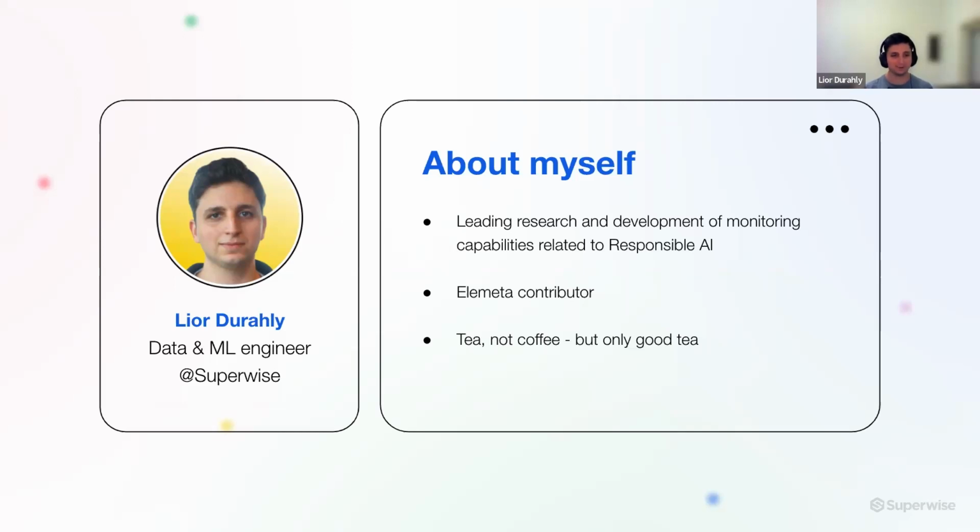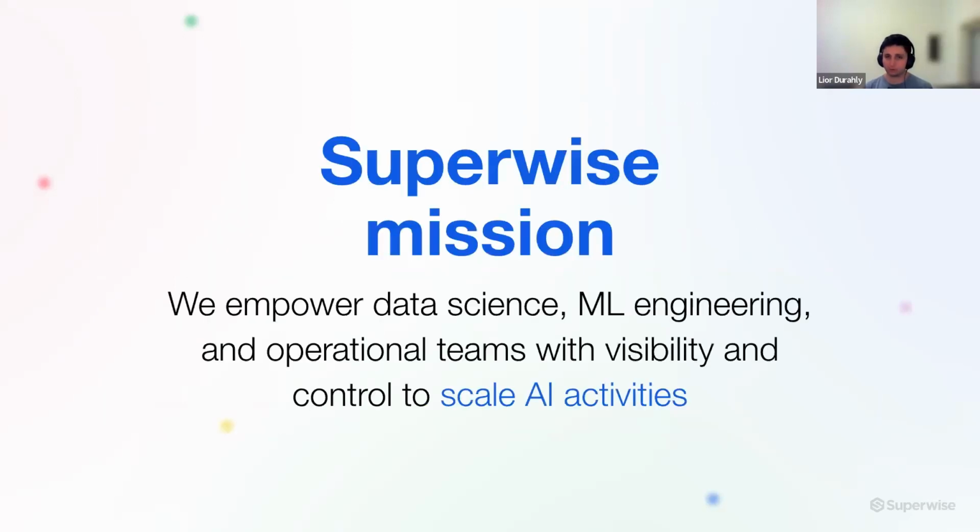So that's about me. Now I will talk about what Superwise is doing, and this will help us understand how we came to this realization and why we made Elemeta.